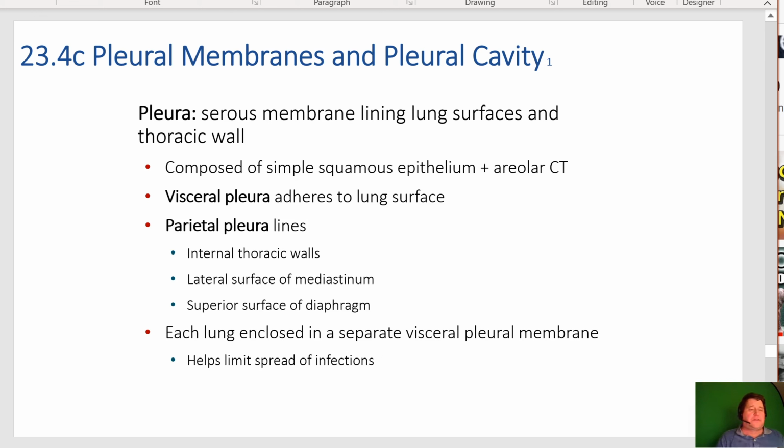Just finishing up a little bit here, we talk about the membranes in the pleural cavity. Remember, this goes all the way back to chapter 1. We talk about serous membranes. There's the visceral pleura on the outer surface of the lungs, and the parietal pleura that lines the cavity. Again, parietal and visceral sides of the serous membranes.